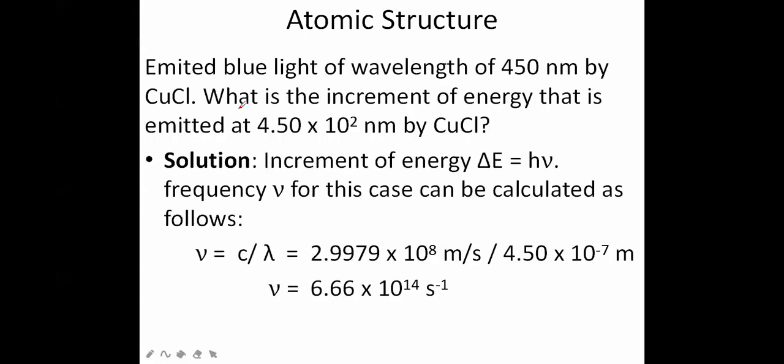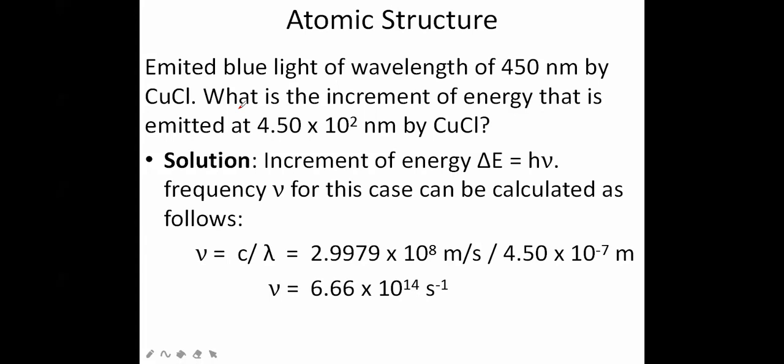Now, relating the two concepts we've built, where c is equal to wavelength times frequency, and change in energy is equal to n times Planck's constant times frequency, we are going to answer this example.